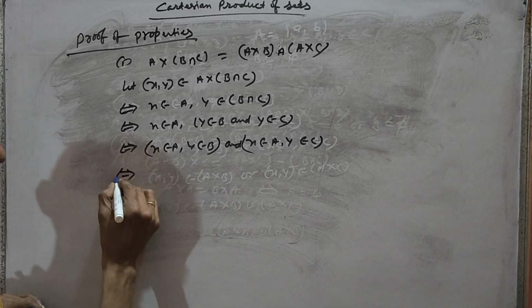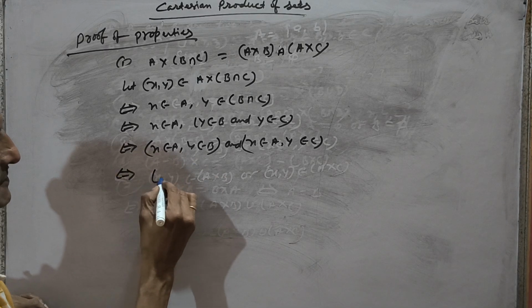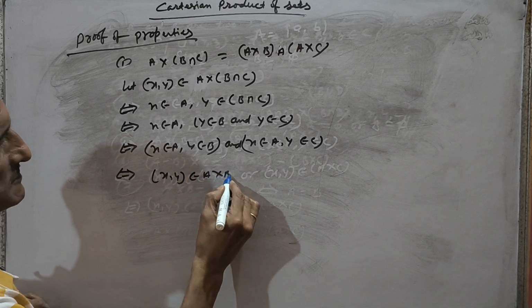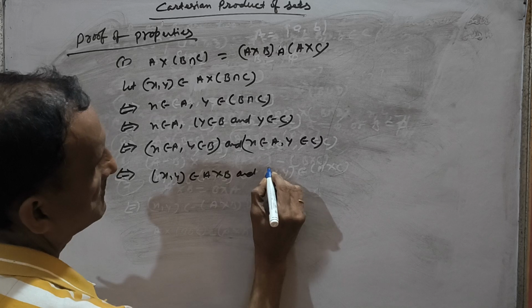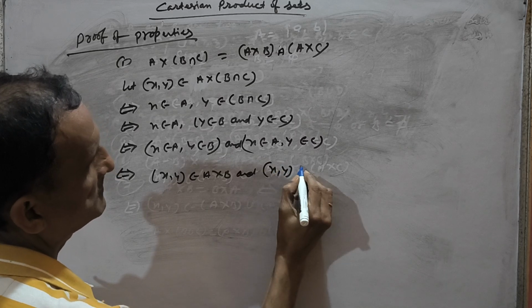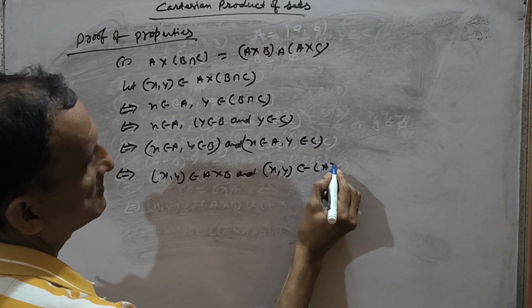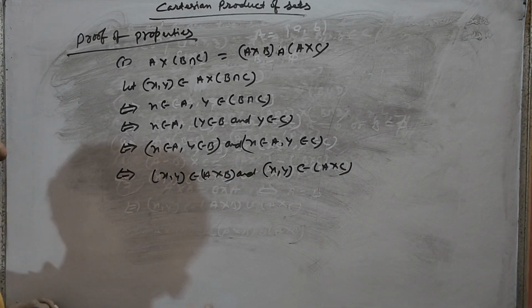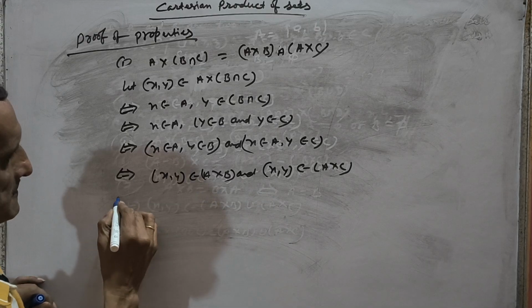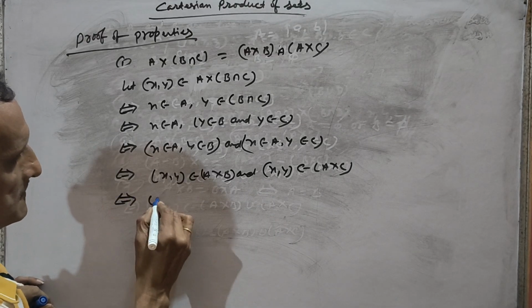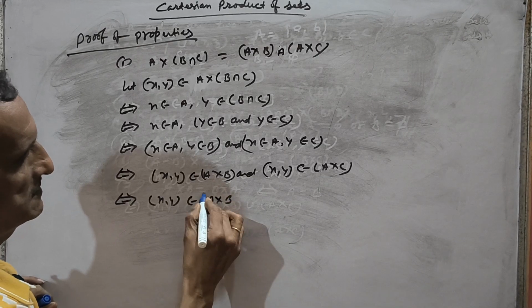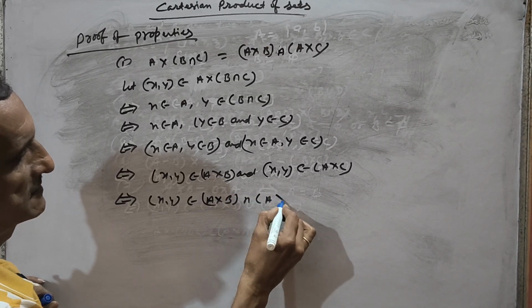Then write the meaning of this. x belongs to A, y belongs to B, what is the meaning? Ordered pair (x, y) belongs to A cross B, and here what we will write: ordered pair (x, y) belongs to A cross C. Okay, then write the meaning of 'and': ordered pair (x, y) belongs to (A cross B) intersection (A cross C).